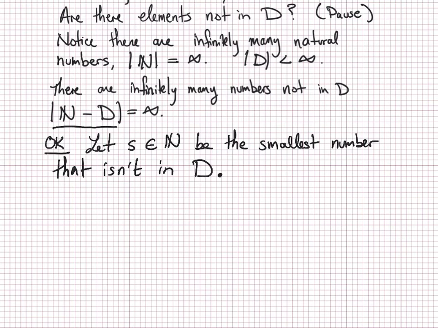We said that there are these elements that are in D, and it's a fact about the natural numbers that there's going to be a smallest one which isn't in D. Okay, so this is a problem.